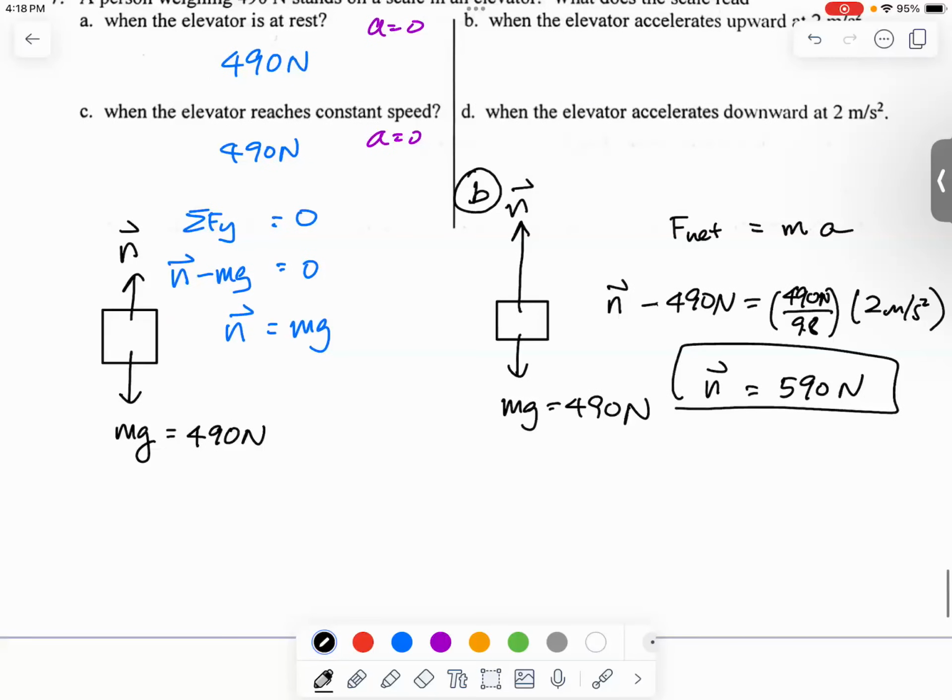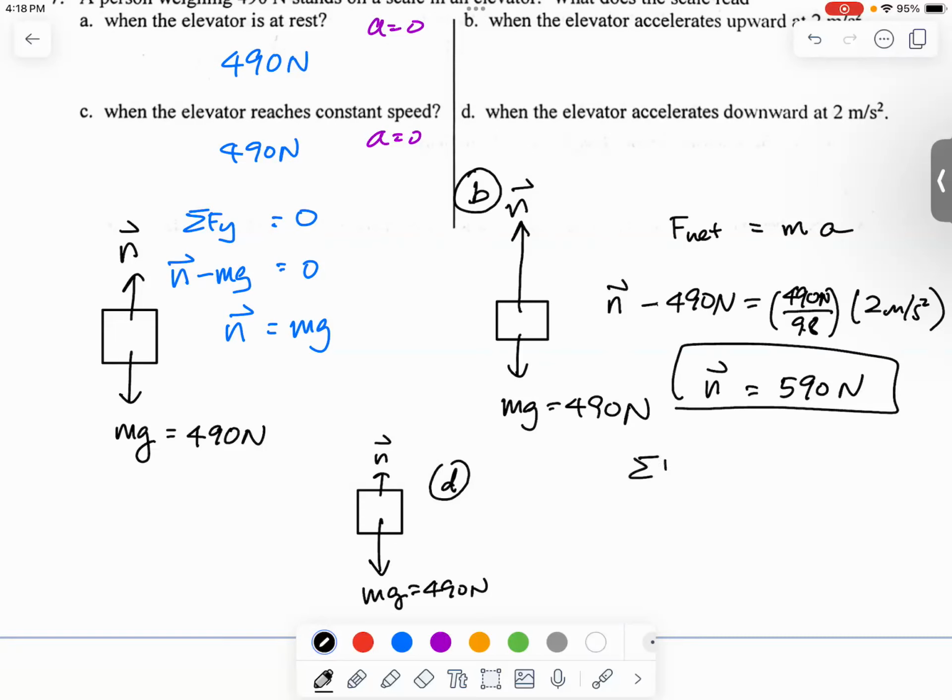And for part D, it would be like the opposite. So for part D, we are accelerating downward. So then we have mg, which is still 490 newtons, but then we have a much smaller normal force, because your overall net force should be heading down.